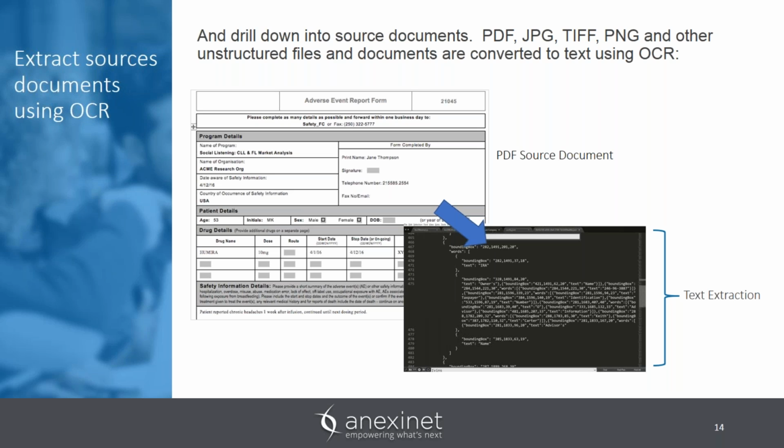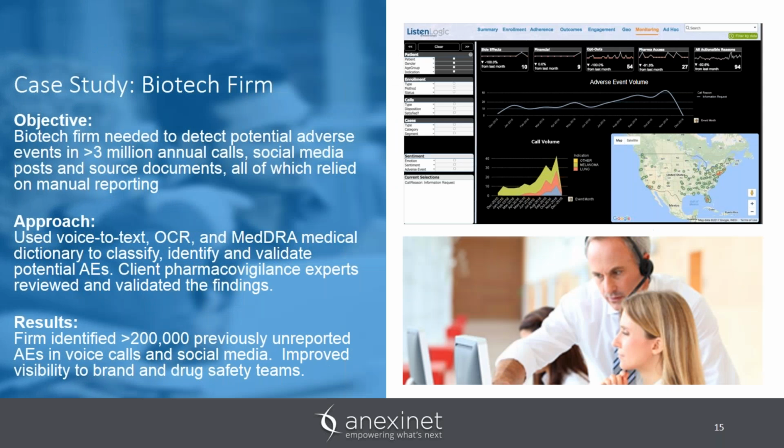All files can be analyzed using optical character recognition and then flagged for specific adverse events using medical dictionary classifiers. This is an example of an adverse event form that's been transcribed using OCR.